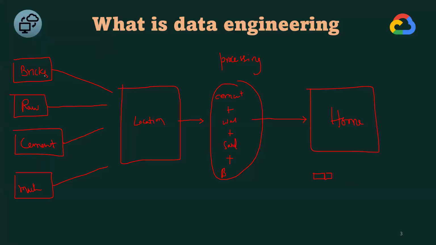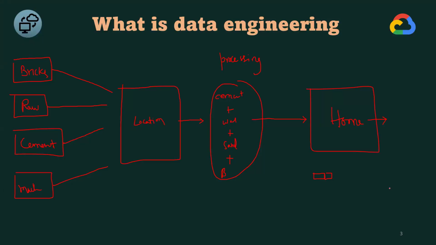You can't directly use the raw material for constructing a home because it will not withstand even a single day. So you do some kind of processing using these raw materials, and then you construct a wall. Wall by wall you do it, and that's where your home will be completed. Once the home is completed, do you live like that?